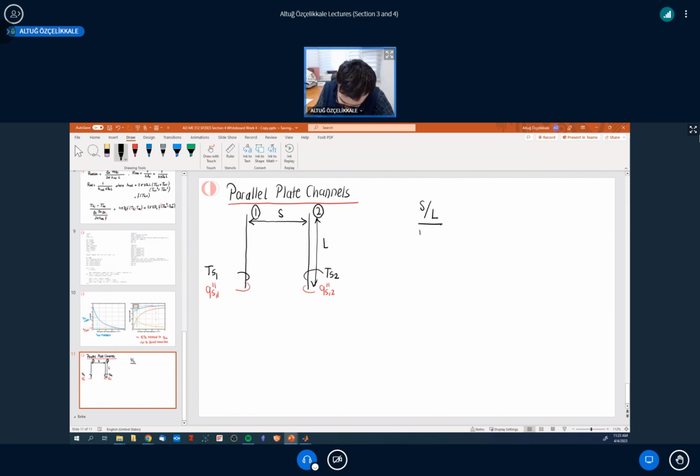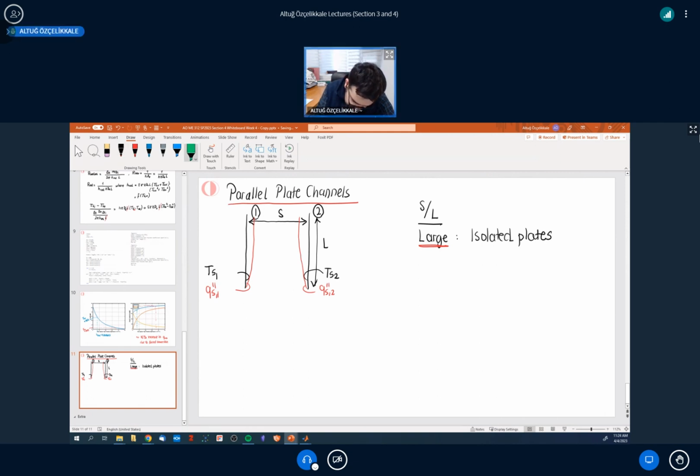If it is large, the boundary layers are going to develop like this and they're not going to merge. These plates are essentially almost like isolated plates. So that's my color code for large, and that means they are acting like isolated plates. They are not affecting each other.